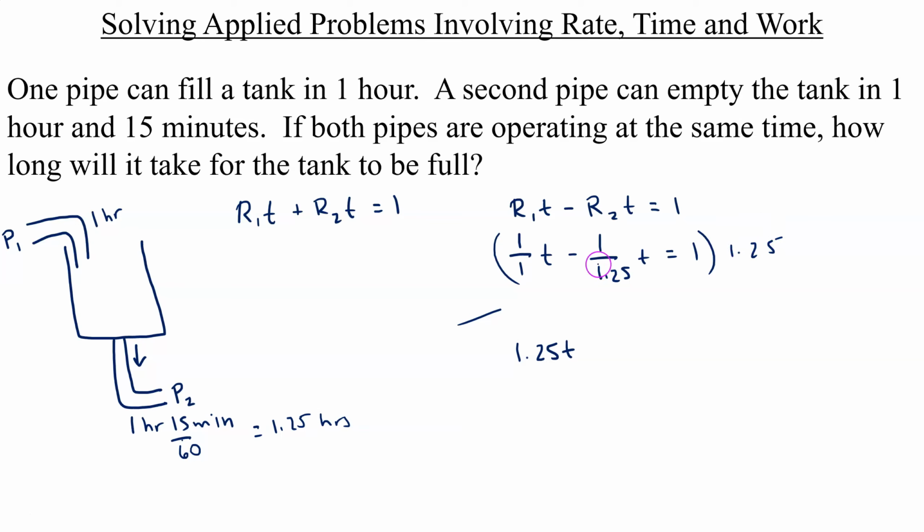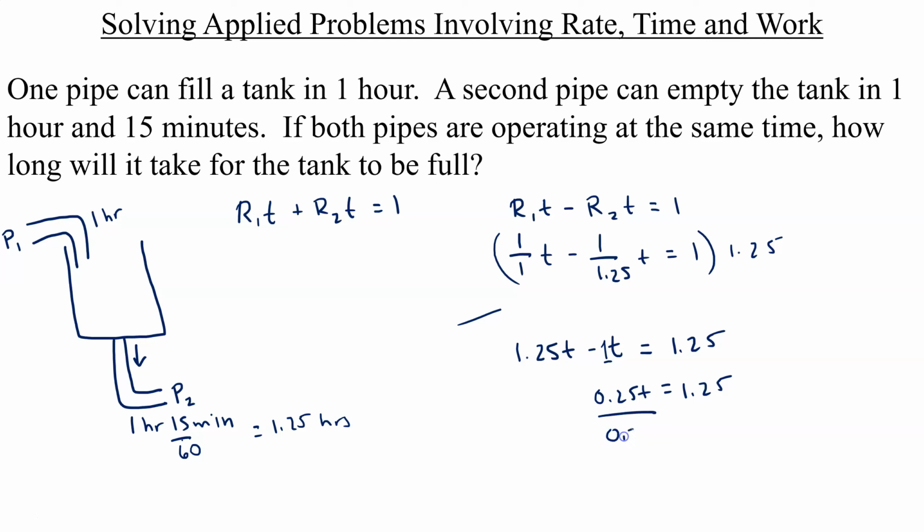Here I have 1.25 times the fraction 1 over 1.25, which would be 1t, or just t. And here I have 1 times 1.25, or 1.25. All right, this is 1t. 1.25t minus 1t is 0.25t equals 1.25.